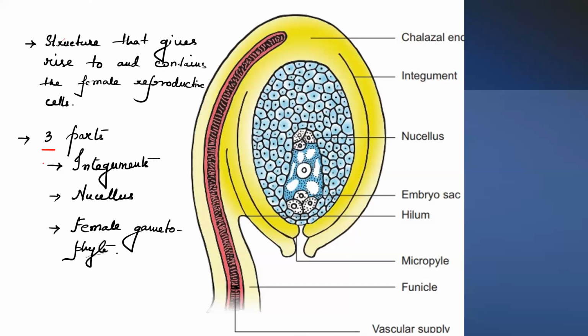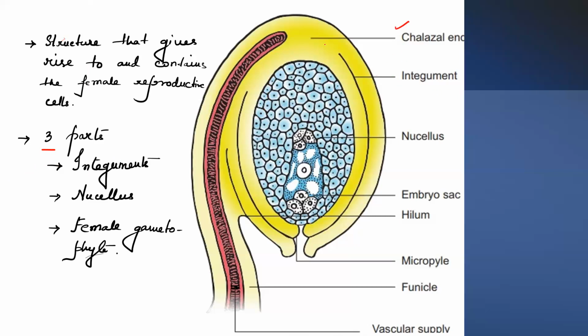Now look at this diagrammatic representation of the ovule. This is the chalazal end. Look nicely, try to understand the terms.